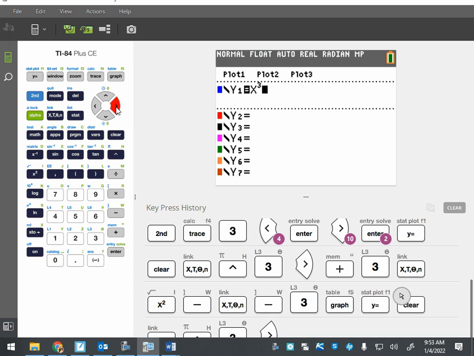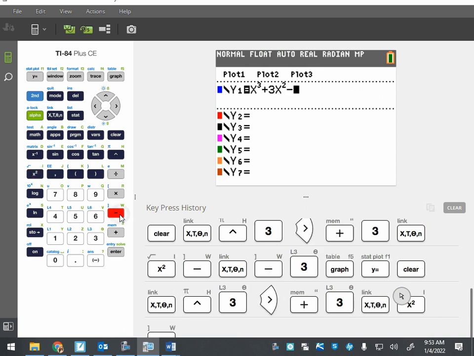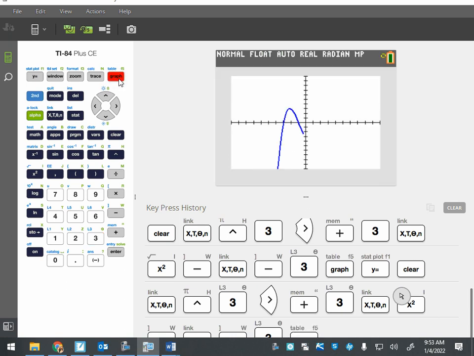Press the right arrow, then plus 3x squared, which is right above the log key, minus x, minus 3. And then press graph. Okay, so here we have both max and min.